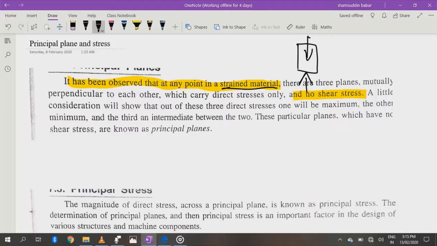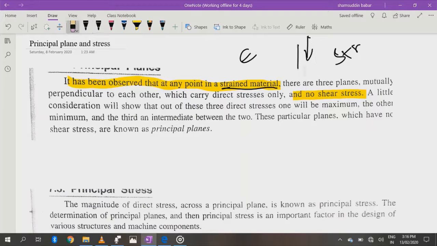Now this body will go through a change in length, and this change in length is known as strain, or we denote it like this. So any body under stress is known as strained material.